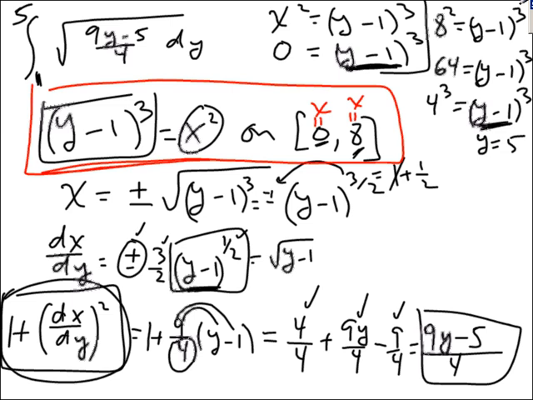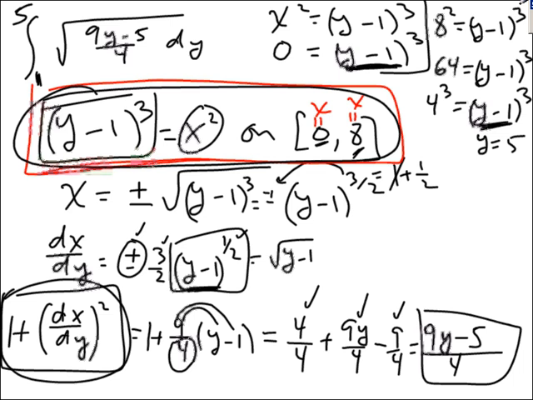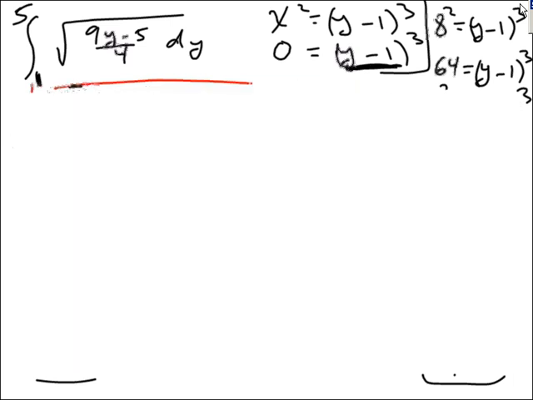Again, this here was the beginning problem. They said find the arc length of the curve y minus 1 cubed equal x squared on [0, 8]. It's always understood those are x values. That's big. You caught up in that? If you don't know that, you're going to mess up. And there's nothing to understand.